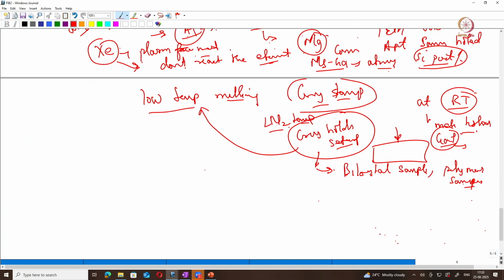So these are the different accessories which can be added on to the existing gallium source FIBs, where we can reduce the damage caused by the ion beams, and it can be used for biological or polymeric samples by low temperature milling.